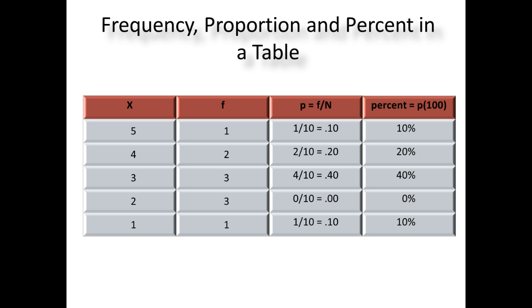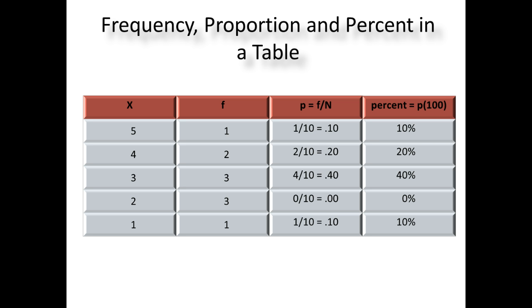Here's the most basic frequency distribution. On the left column under X, that represents score. That represents the categories in a particular variable. In this case, we have a variable that ranges from 1 to 5.